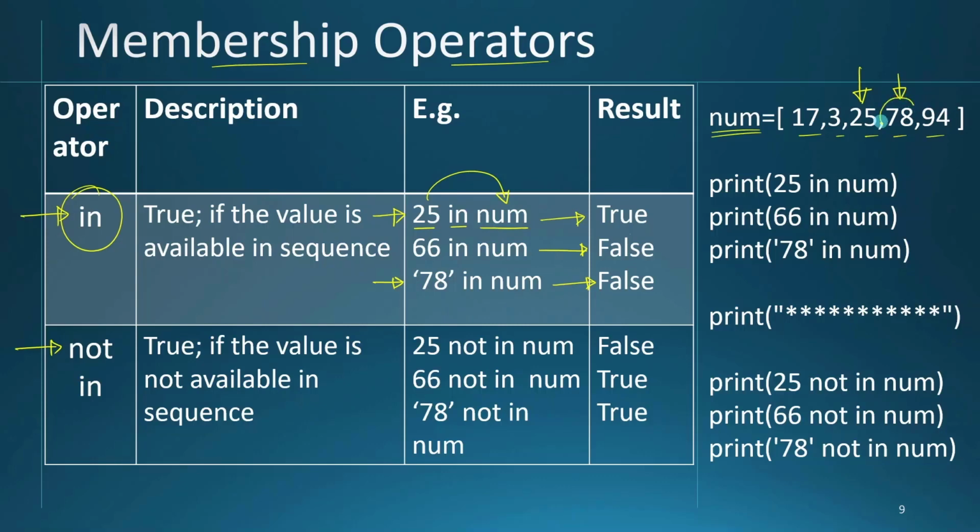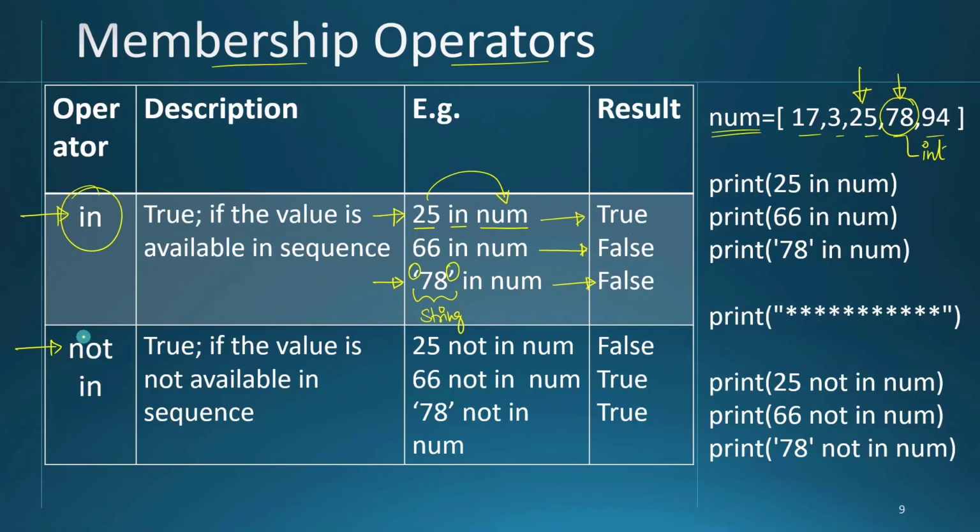The value that you have stored inside this list is an integer, but the value that you are trying to search is a string. And how do you understand it's a string? Because it is enclosed in single quotes. So you are trying to find a string with value 78 inside this list num. You cannot find it because I have 78, but that's an integer, not a string, right? That is why the result is coming as false.